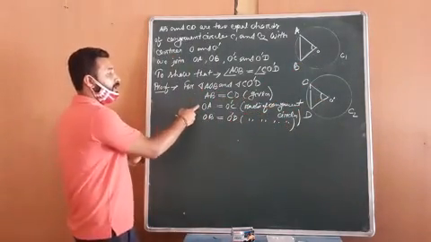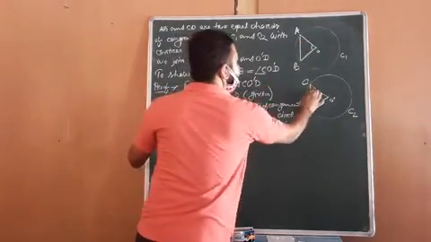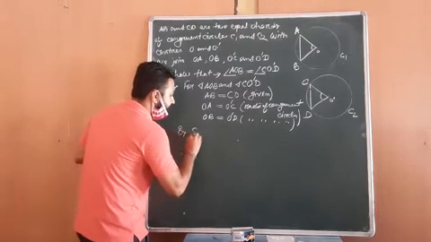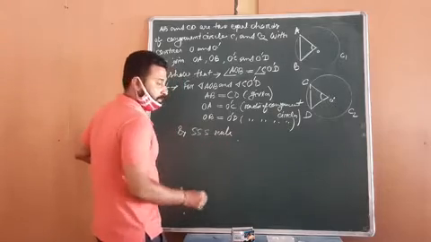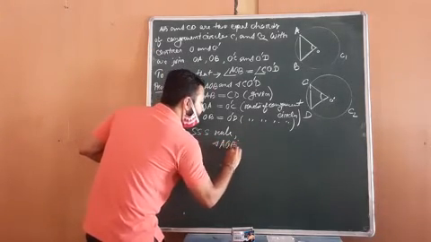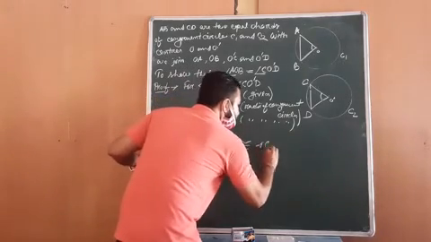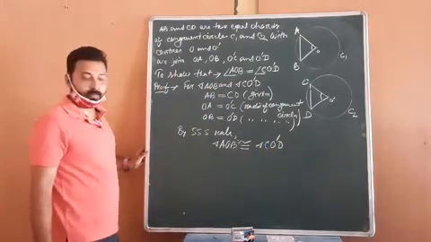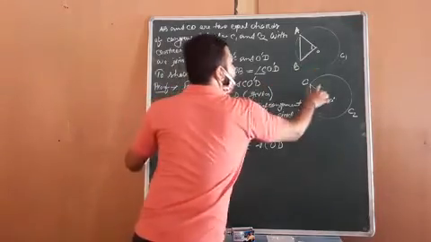Therefore, by the SSS rule, this triangle and this triangle are congruent. So triangle AOB is congruent to triangle CO dash D. Now by CPCT, corresponding parts of congruent triangles, this angle is equal to this angle.